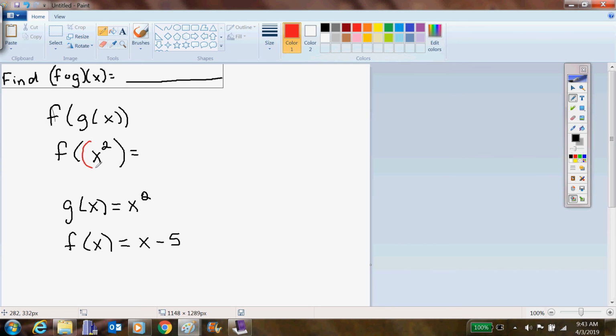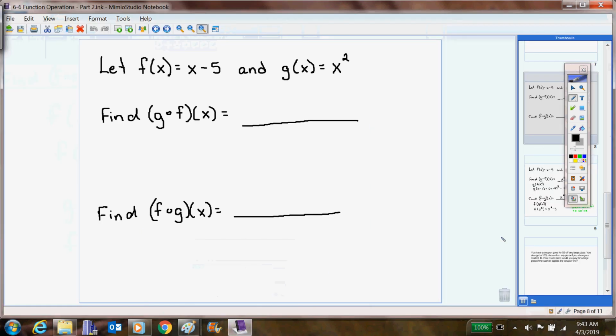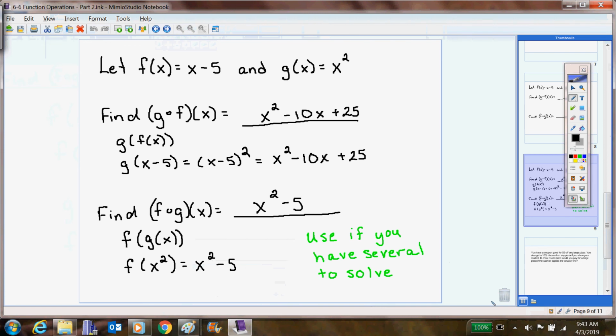We have x squared, and we have to replace all of these x's with x squared. X squared minus 5. So not quite as complicated in this case, because you're taking the x squared and plugging it in to that value. You have to end up replacing both so that you have a composite.